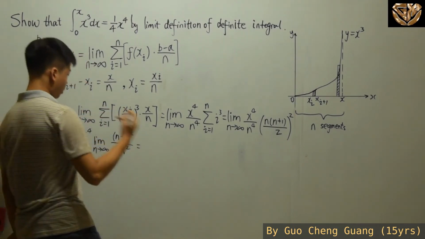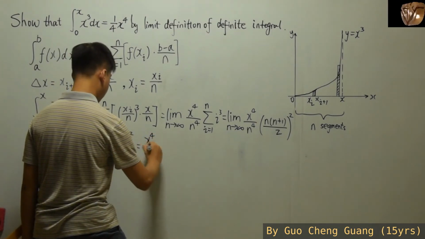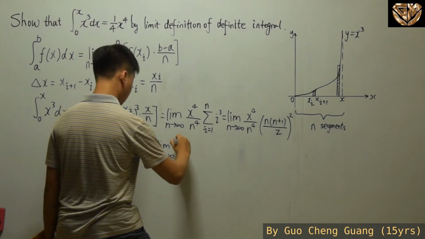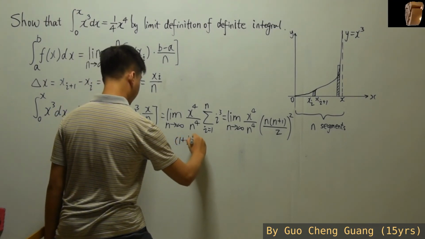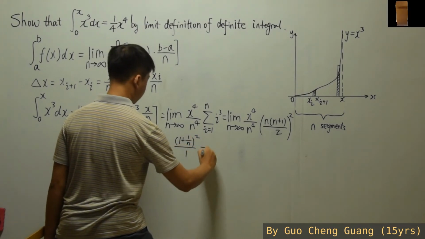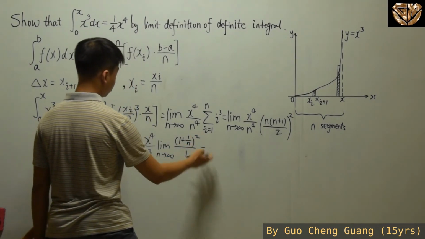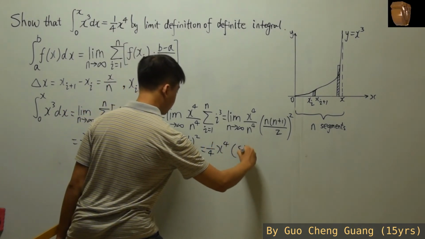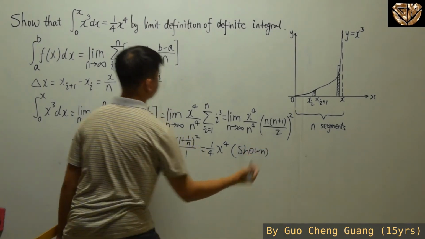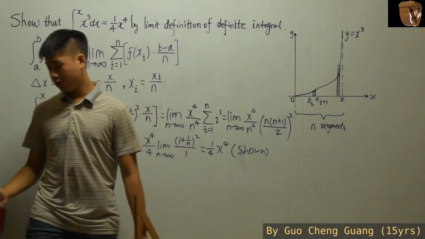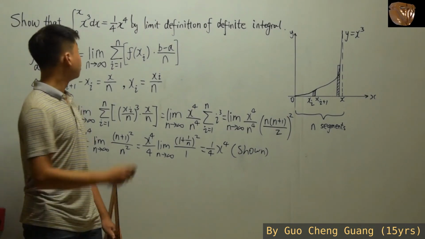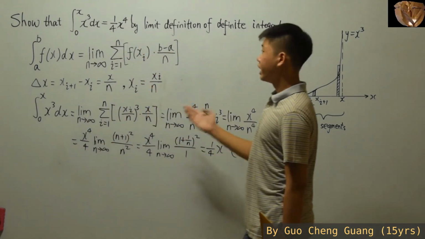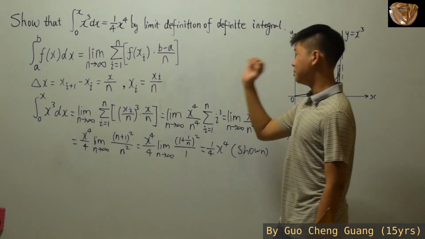Then you can use your conversion from infinity calculation to infinitesimal calculation to get 1 plus 1 over n, squared, divided by 1, which when you substitute n in will of course give you 1. So your answer is 1 over 4 x to the power of 4. And this here is shown, right? So that is how you show that the integration of x cubed from 0 to x is 1 over 4 x to the power of 4 by the limit definition, alright?